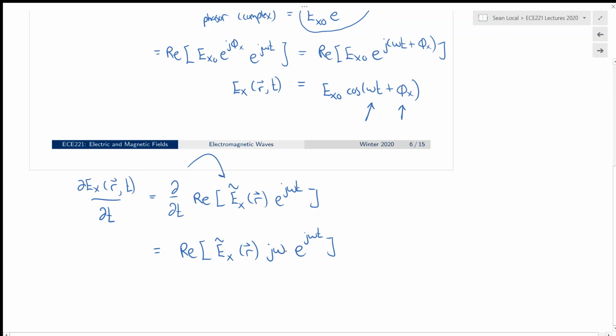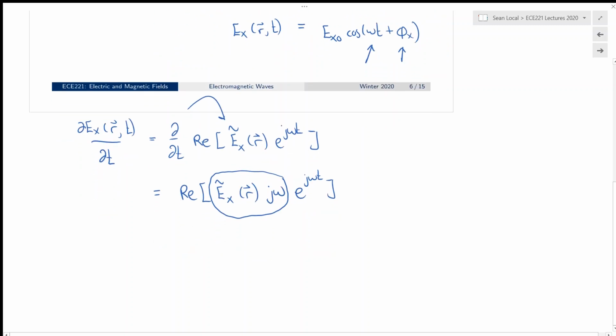Because this doesn't depend on time. Omega is just a constant. And so in terms of what happens to our phasor, we can see that anytime we take the time derivative of a field quantity, it's the same thing as taking our phasor, E tilde x, and multiplying it by j omega, right? You can see that happening with the circled term here.